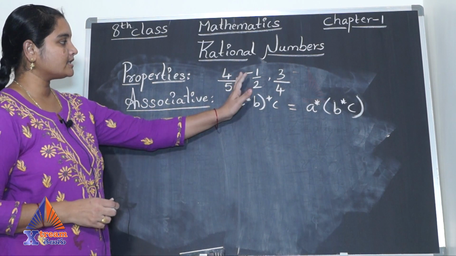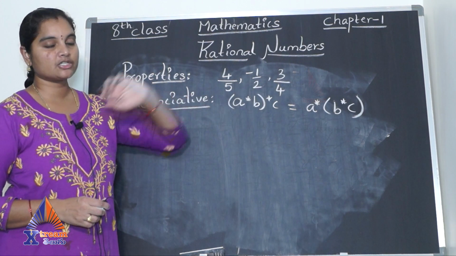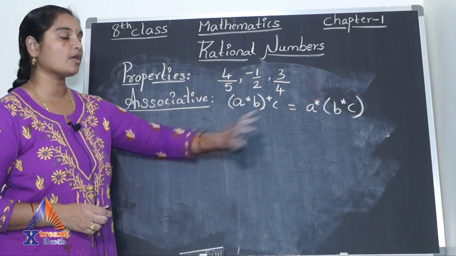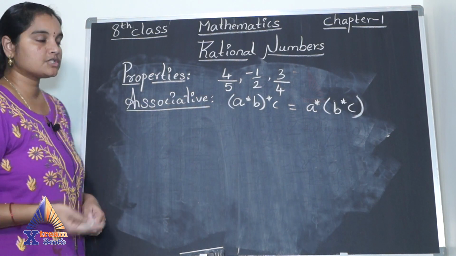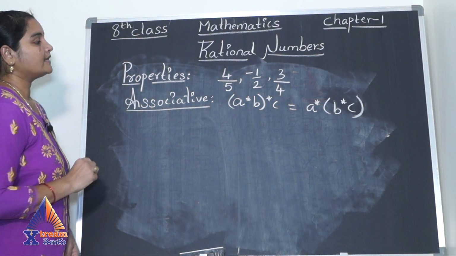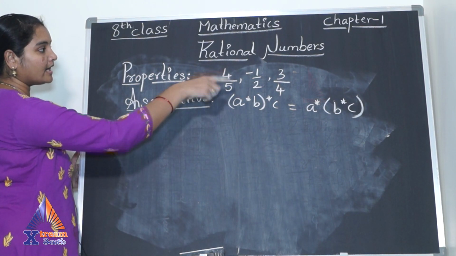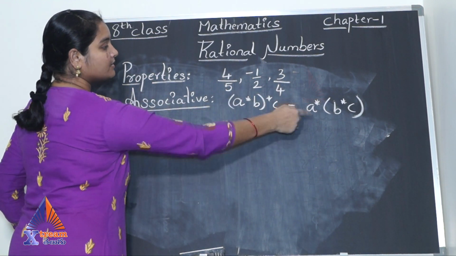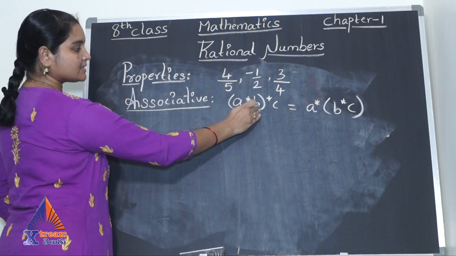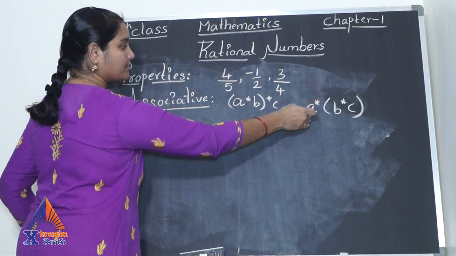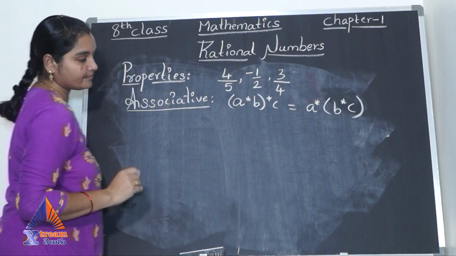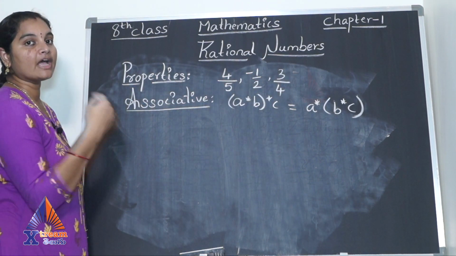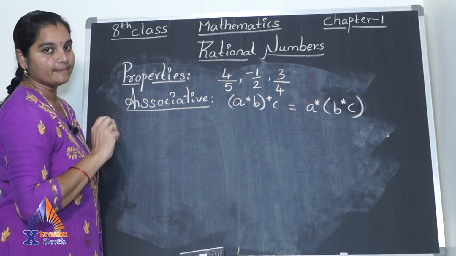So let us see whether these rational numbers hold good for this property or not. As usual, we try with addition first. We try to add these three rational numbers with both the formats. We'll try to add (A plus B) plus C and also A plus (B plus C). You can see the variation in how I'm reading this property.